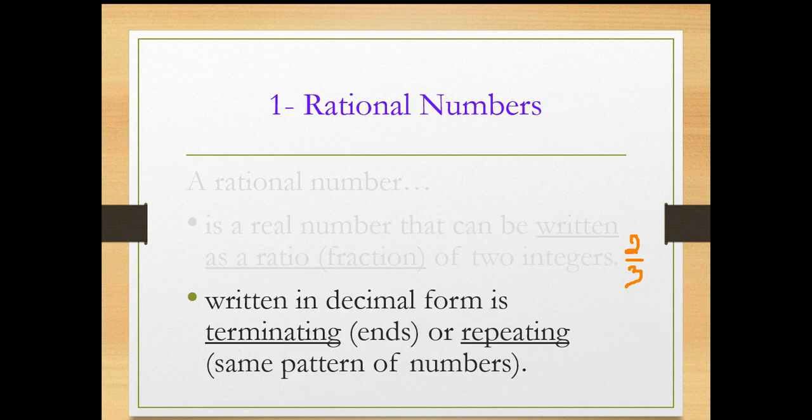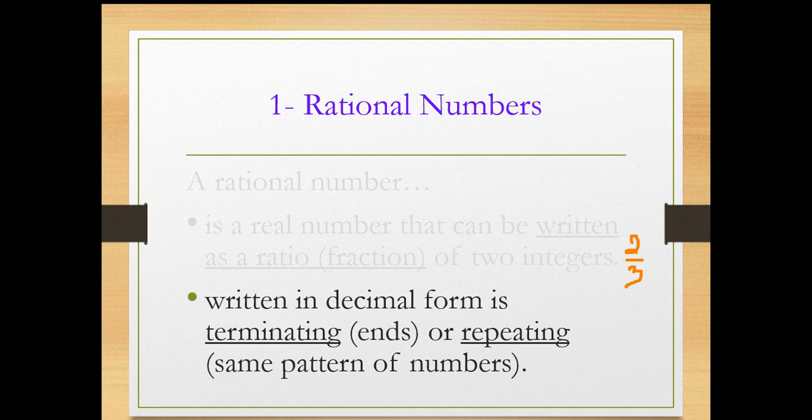Rational numbers, the second case: it's a decimal whose form ends, or it's a repeating pattern. What does it mean? If I have a decimal 2.3, this is an ending decimal.